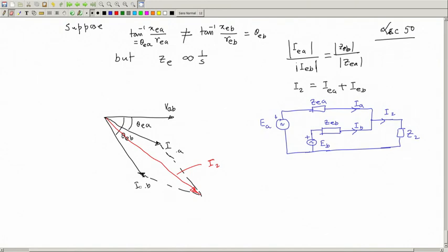Now, in numbers, for the given example, suppose this I2 is 30 ampere, the output load current is 30 ampere.